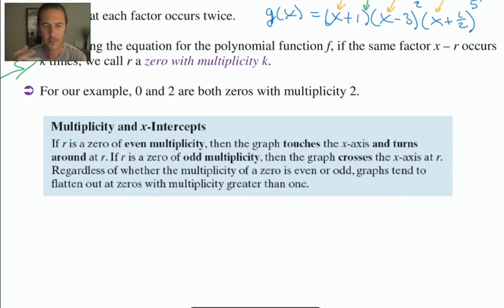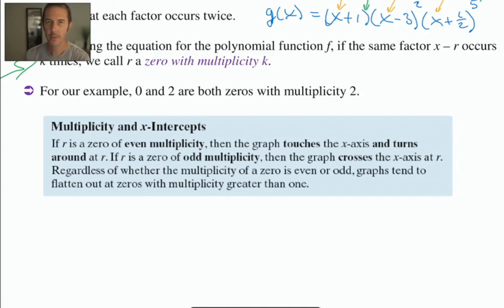Multiplicity and x-intercepts. We know that the zeros, real zeros, show up on a graph as x-intercepts. It turns out that the multiplicity of a zero tells us something about what happens at that x-intercept. There are two options.